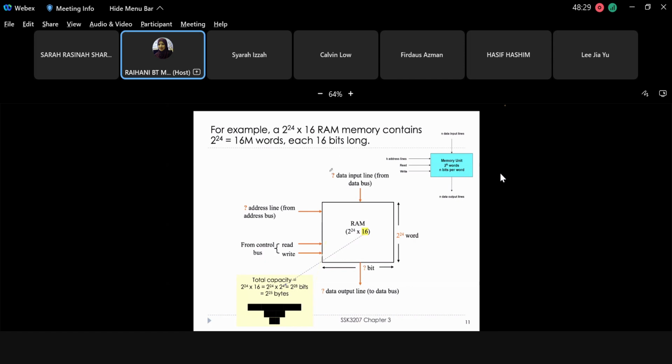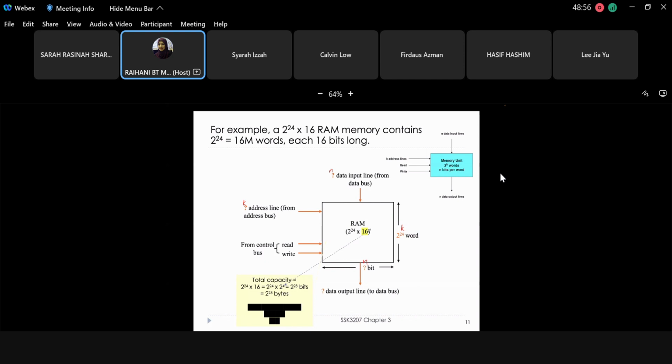Remember, this one is n, this one is k, and n is the bit length for this memory. So here it is 2 to the power of k times 16 bits length.